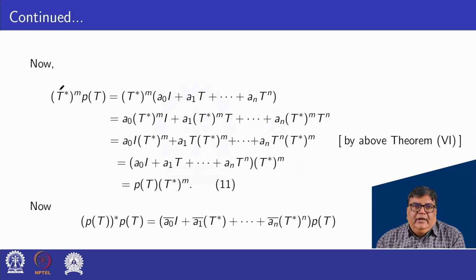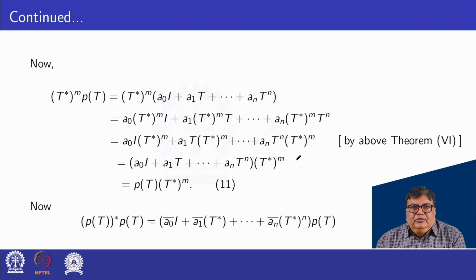Now mth power of T star into polynomial P(T). So mth power of T star into a0 I plus a1 T plus and so on an T to the power n. Okay. So multiplying this with this, we have a0 mth power of T star plus a1 mth power of T star into T plus and so on mth power of T star T^n into an.